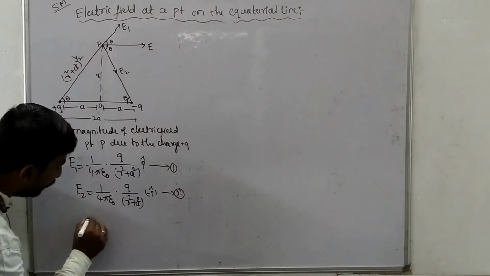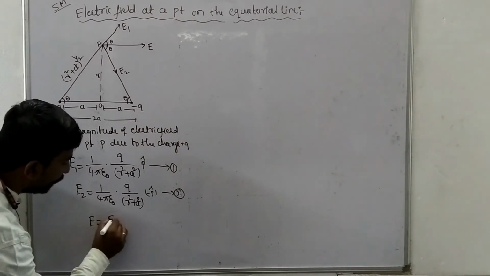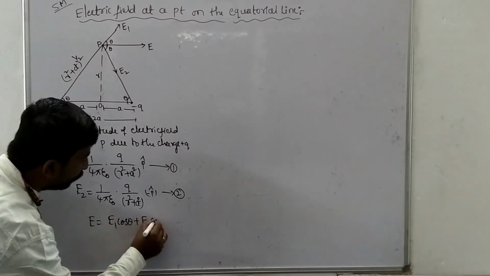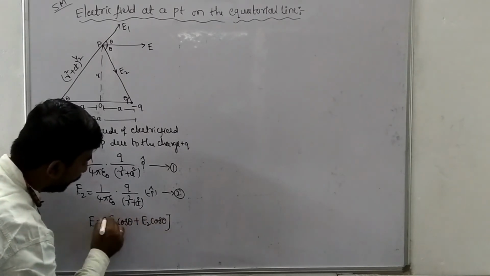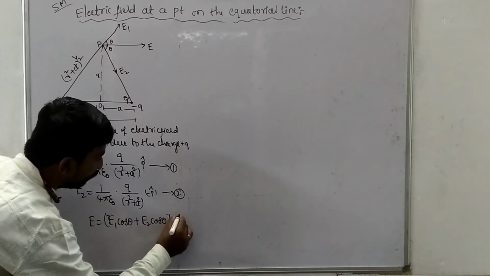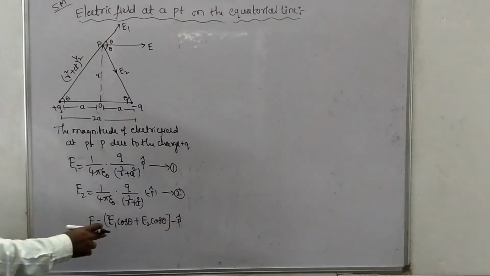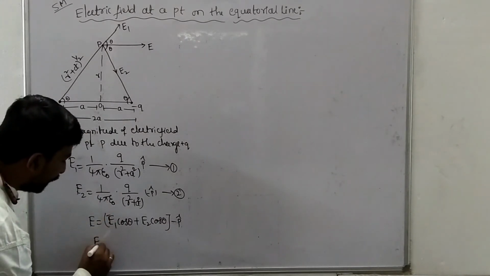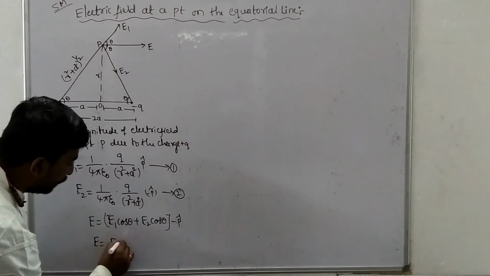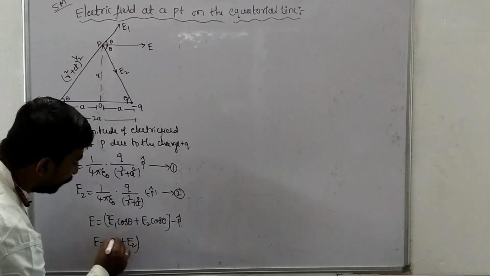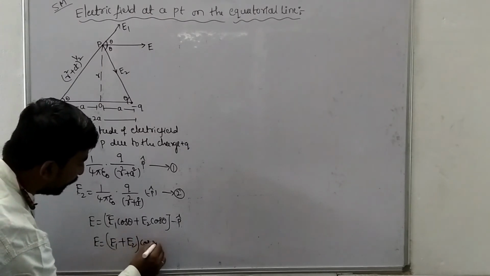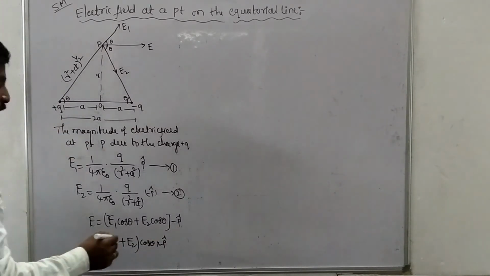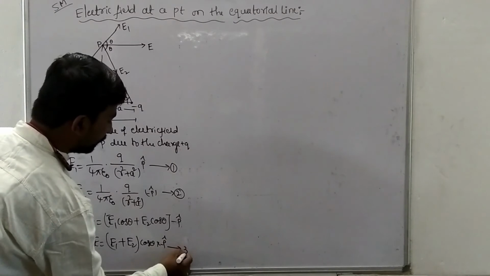So E is equal to E1 cos theta plus E2 cos theta into minus P cap. Cos theta is common, so we can take it outside. Then E is equal to E1 plus E2 into cos theta, into minus P cap. So this is equation number 3.